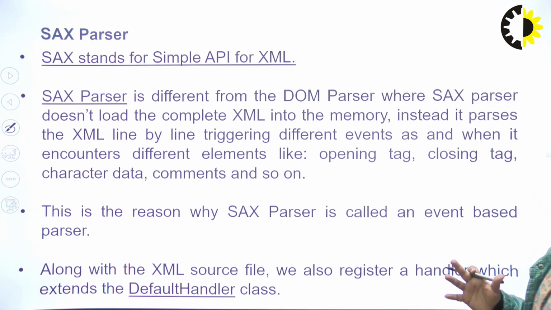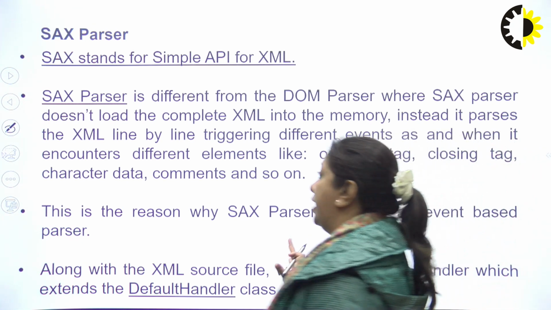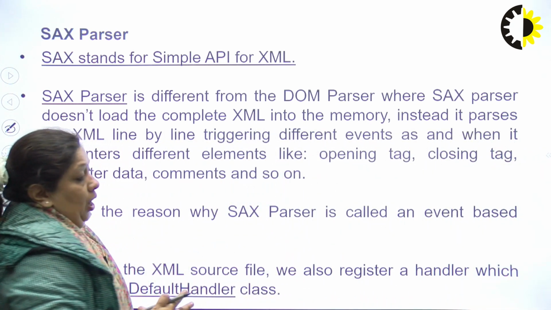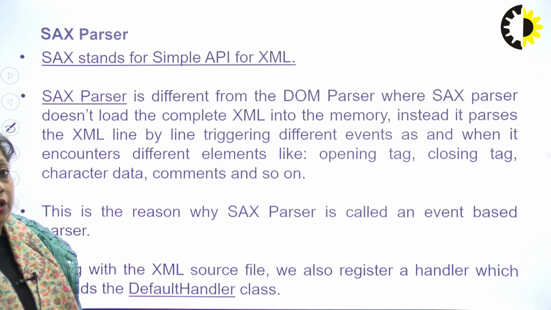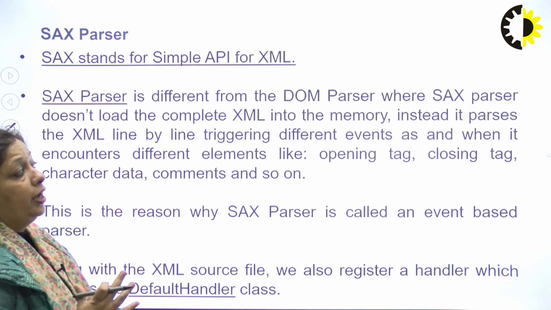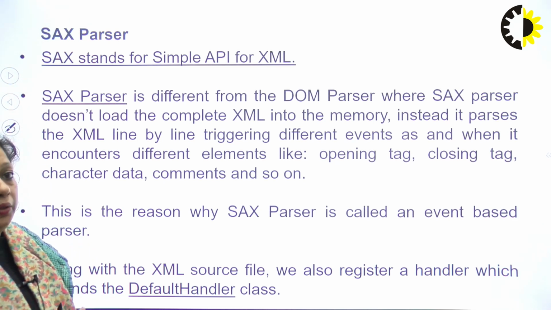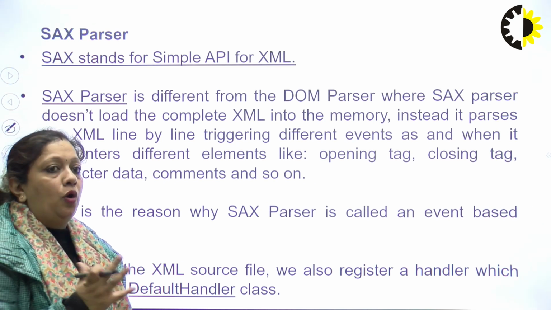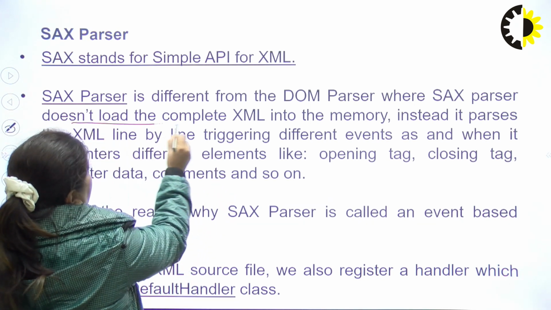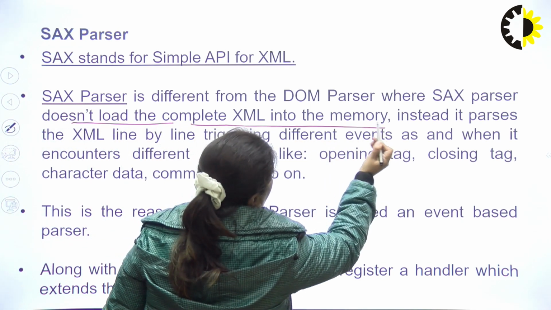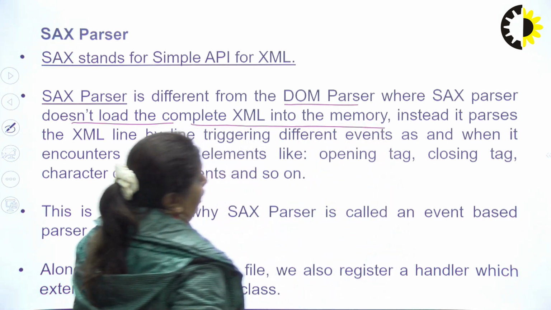If I talk about a DOM parser, it actually converts the XML document into an internal tree-like representation, and once it has converted the entire document into a tree-like structure, it loads that entire structure into the memory. But a SAX parser is not going to load the complete document into the memory.